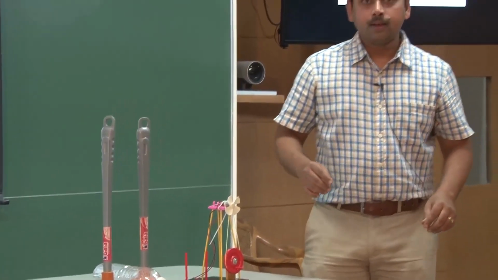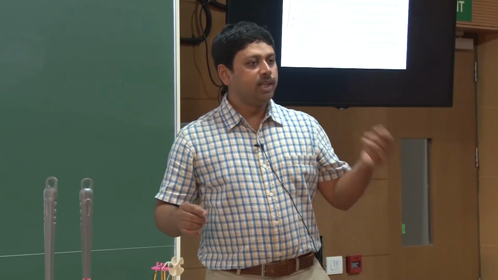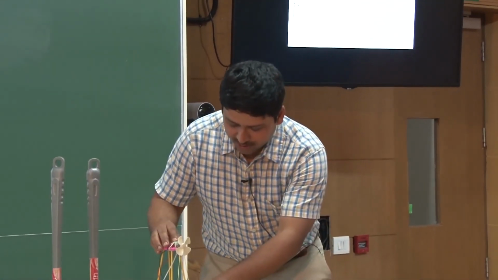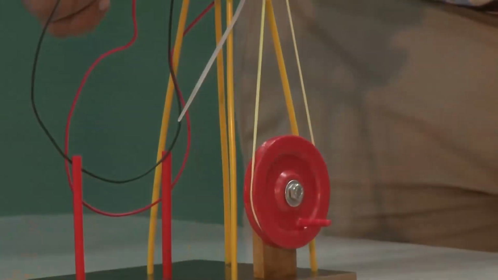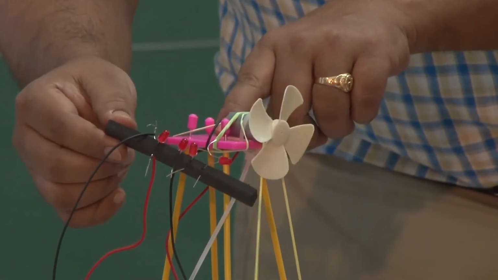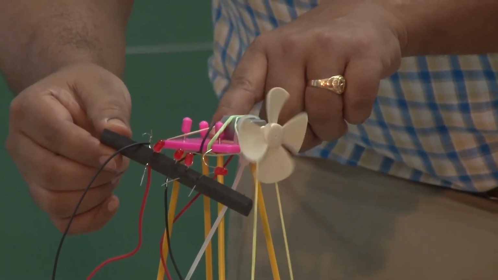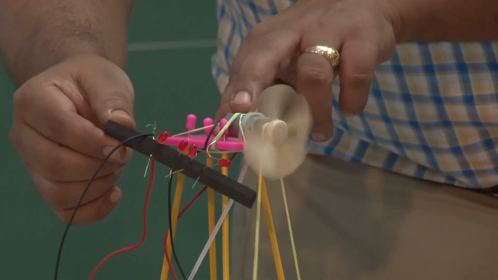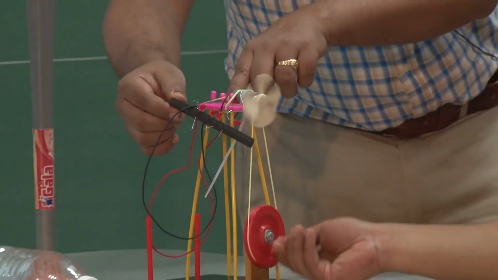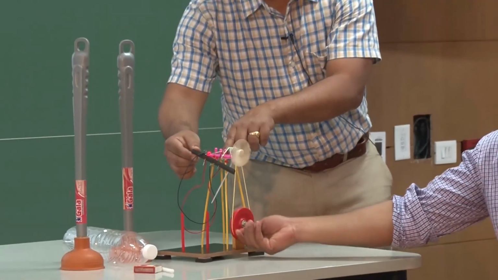Now we cannot get wind here, so the prototype of wind is this particular thing. You see this fan will rotate, charging this particular motor, which is now converting to electrical energy.